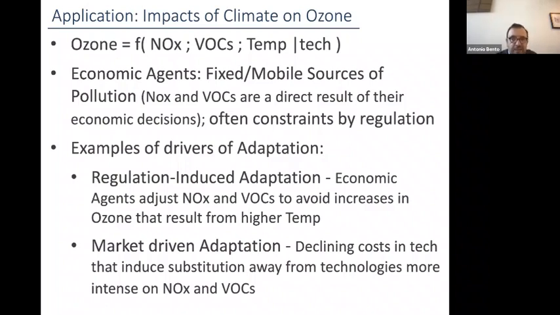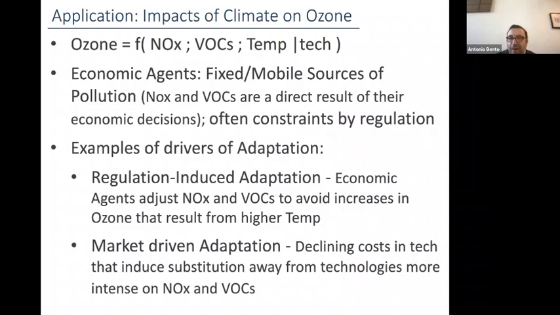Of course, this production function is conditional on the technology. And so you can think of a polluting facility that is choosing the levels of precursors, and the county where this polluting facility is located is regulated under the Clean Air Act. So there are going to be constraints imposed by the direct regulations on NOx and VOCs.